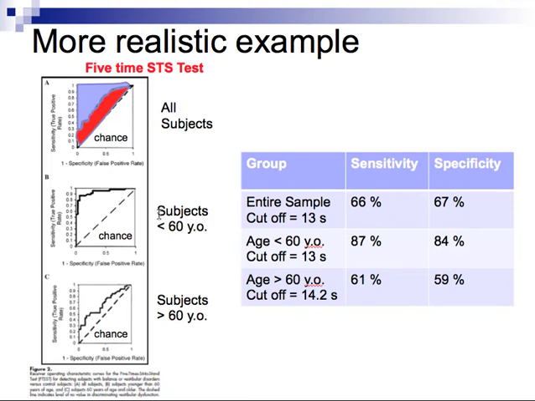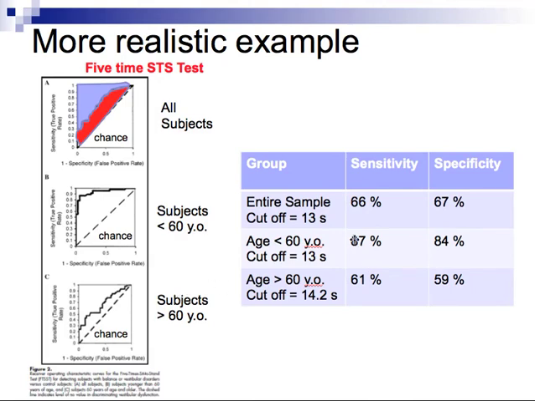But then if we subdivide the groups, we can see that for the 5-time sit-to-stand, the ROC curve suggests it changes quite a bit for people under 60 years old. In fact, there's very few mistakes being made for people under 60 years old compared to people that are over 60.